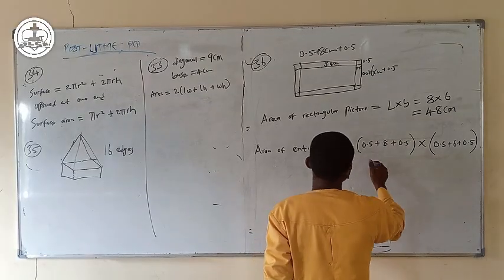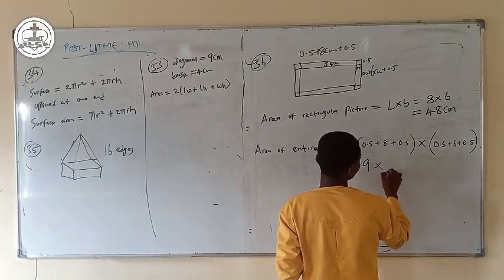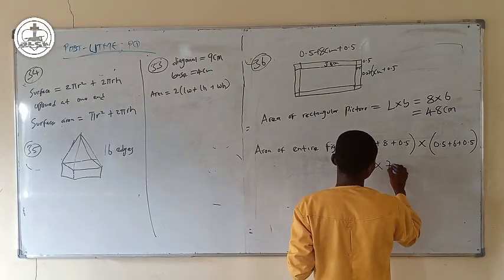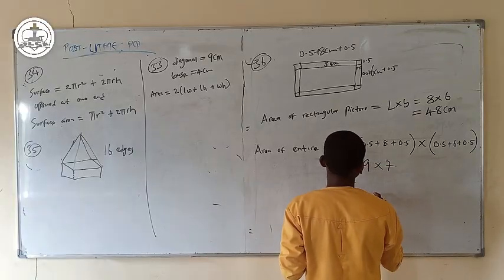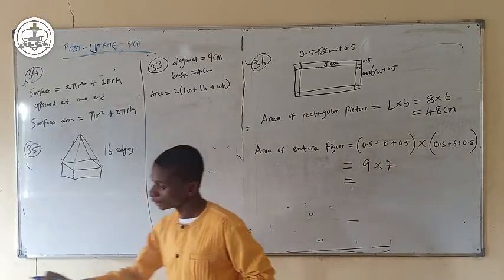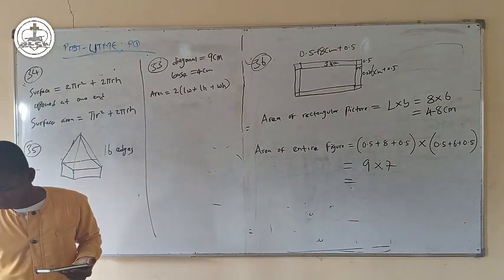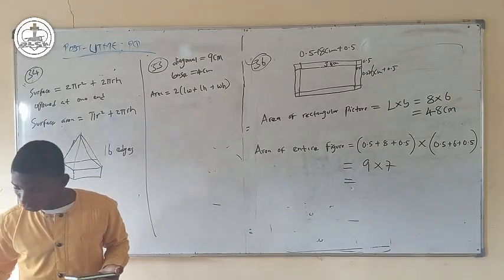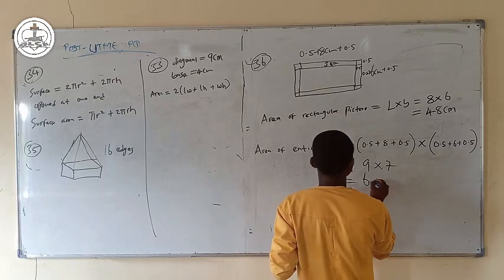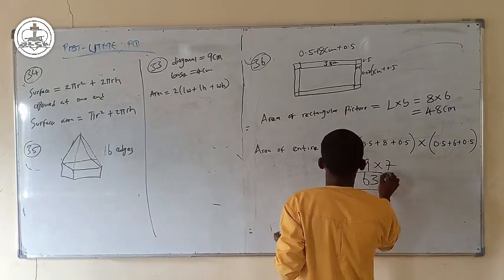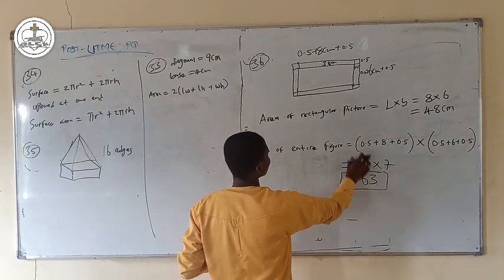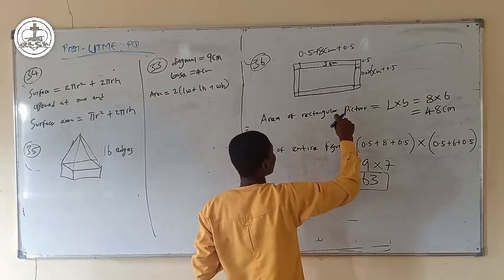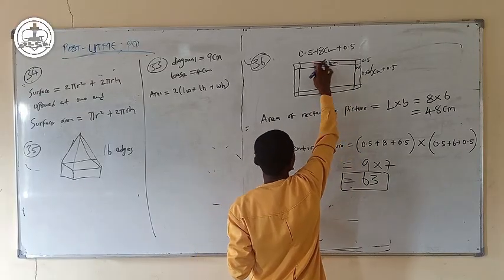So this is going to be 9 times 7, which will be 63. This we got here is for the entire figure. We want the area of just the frame.